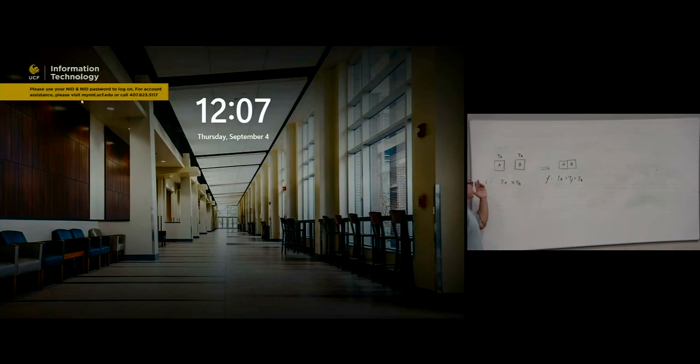A to B, right? So for object A, we have delta Q minus, because it releases some heat. We have negative.